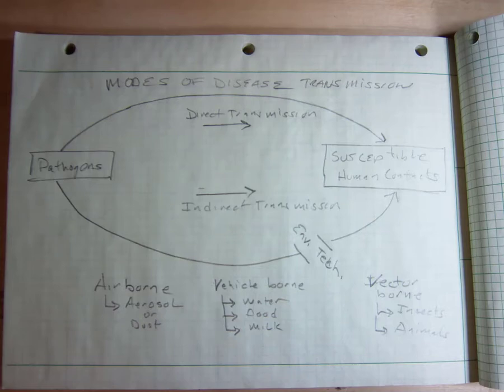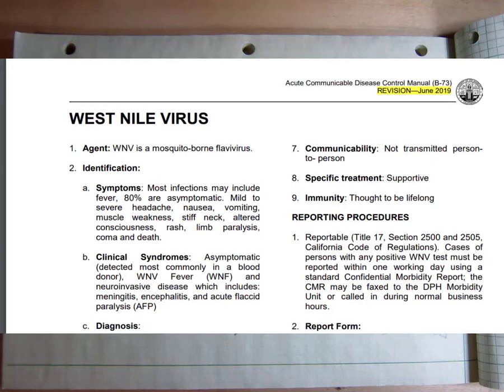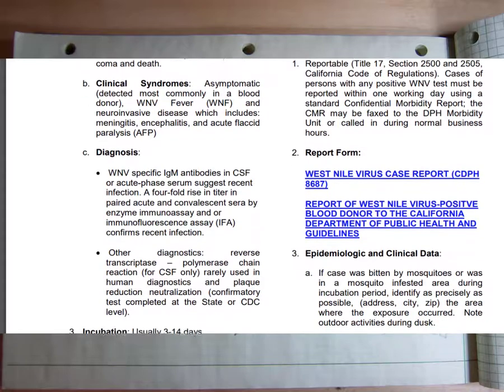Let's focus again on the three general modes of indirect transmission. Let's look at vectors. Vectors of disease include insects, rodents, and other animals that can transport pathogens to susceptible human contacts.